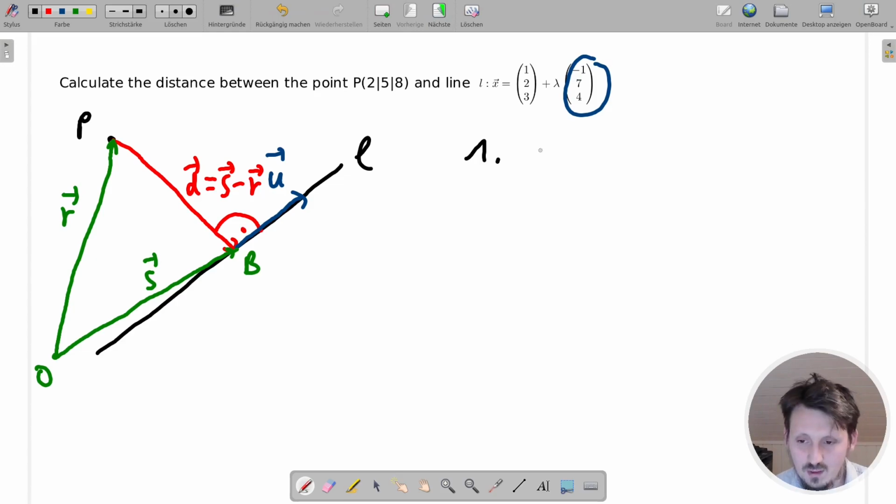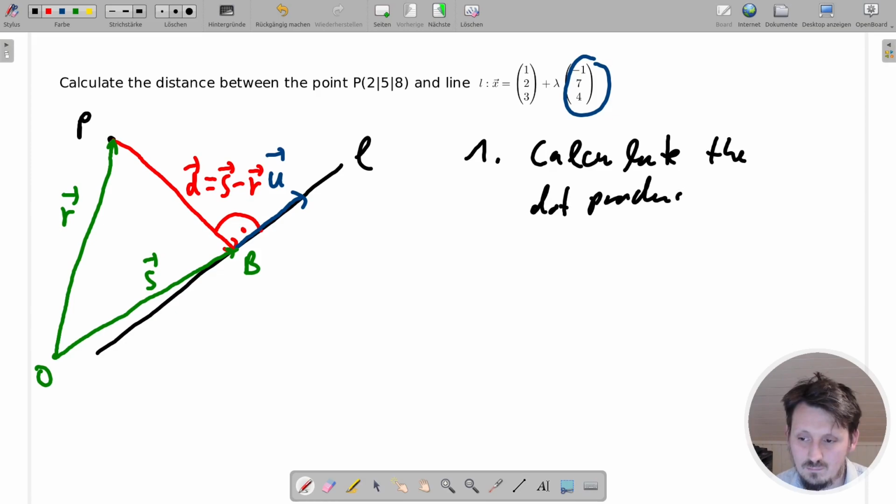So what we have to do in the first step is calculate the dot product of D and U, and this has to be equal to 0.